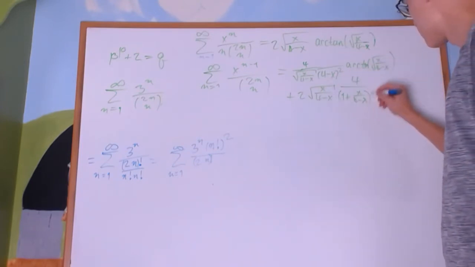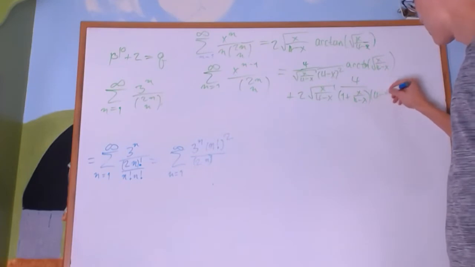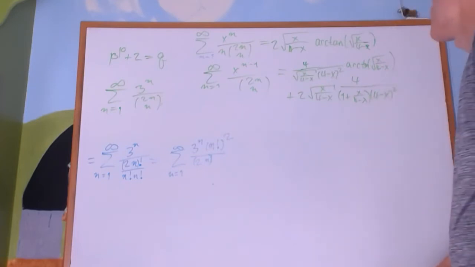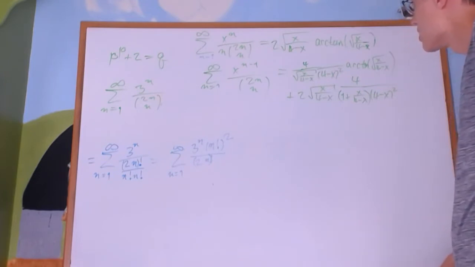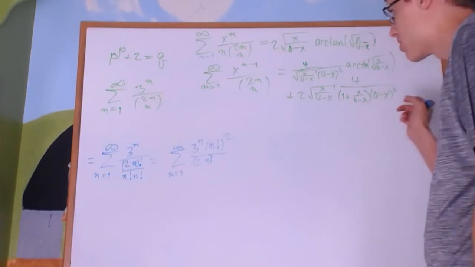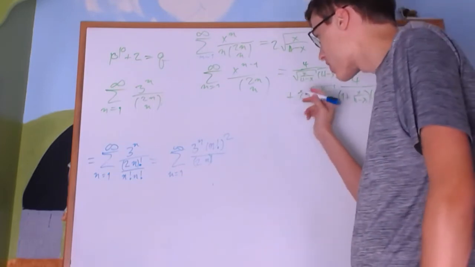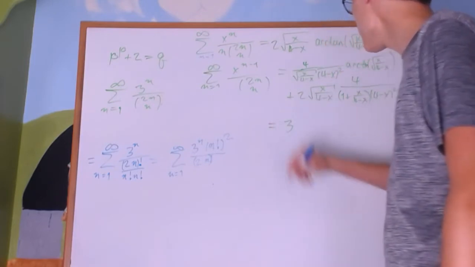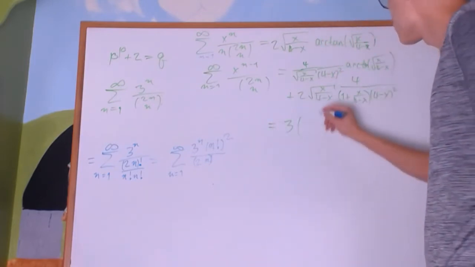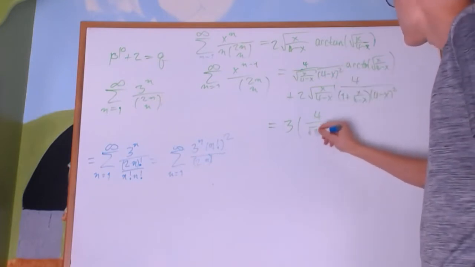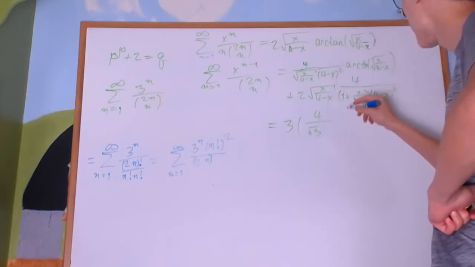And then times 4 minus x squared. Right there. And so if I just multiply it by x on both sides, I'd have the thing. So if I plug in 3 into there, I'd have to get 3 times 4 over rad 3. Right there's 1. 4 over rad 3.